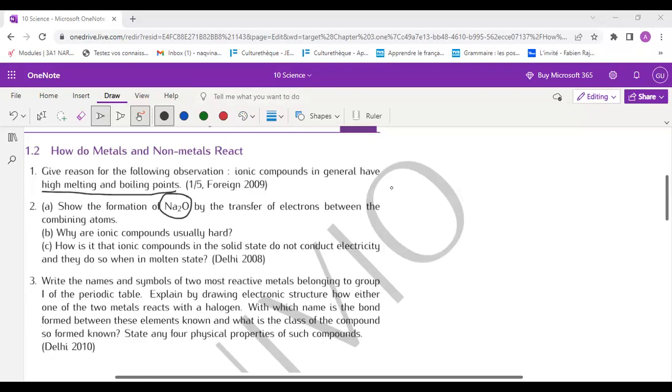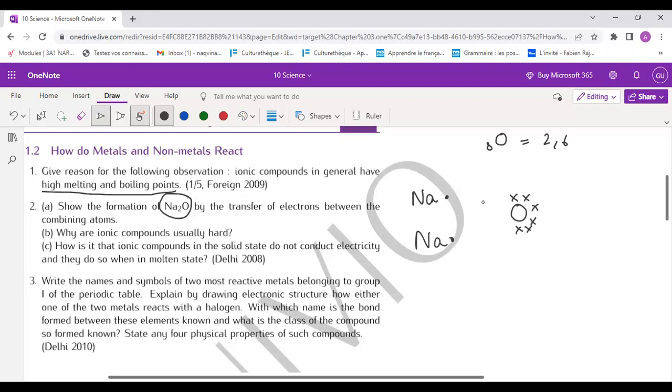Have you done? Now see, there are two sodium atoms and sodium has atomic number 11, with configuration 2, 8, 1. So there is one valence electron in both the sodium atoms. And we have oxygen. Oxygen has atomic number 8, with configuration 2, 6. That means it has 6 valence electrons, right? Oxygen needs 2 more electrons to become stable.